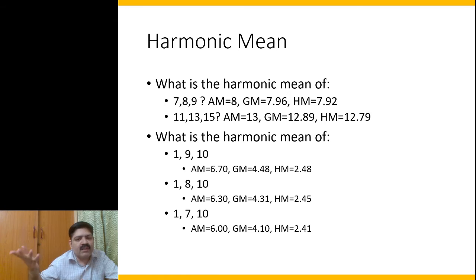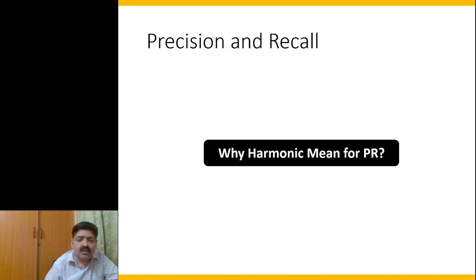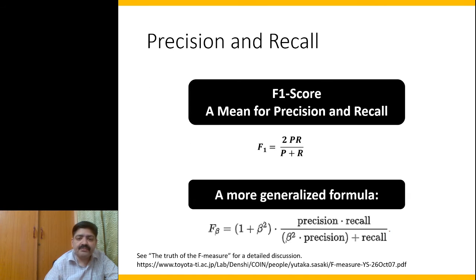And that is one reason why we prefer the most conservative measure, which is the harmonic mean, instead of geometric mean and arithmetic mean. Secondly, we are also dealing with ratios. Both precision and recall are ratios. So harmonic mean makes a lot more sense than the others.